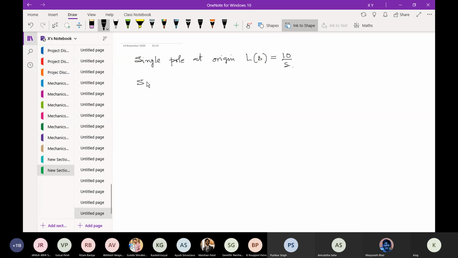So we have our s equal to 5 e to the power j theta, and L(s) is therefore equal to 2 e to the power minus j theta, with a minus sign. This is very, very important.